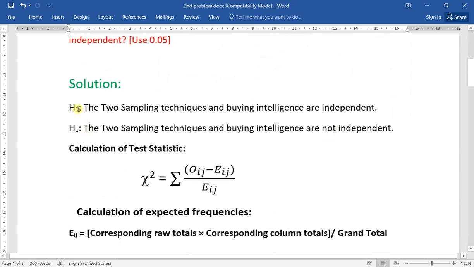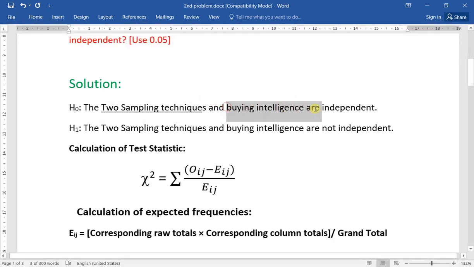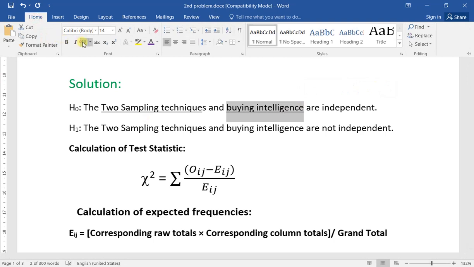Your null hypothesis, H naught, H0, is: the two sampling techniques and buying intelligence of the respondents are independent.